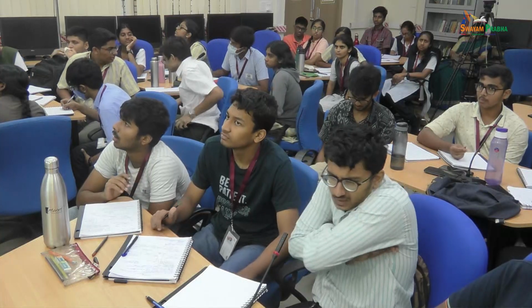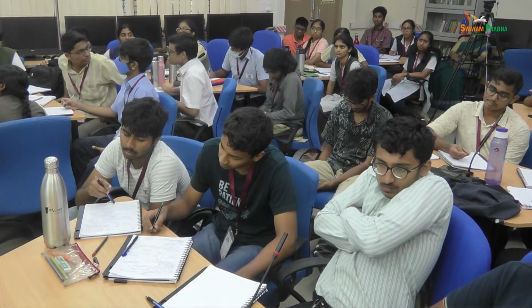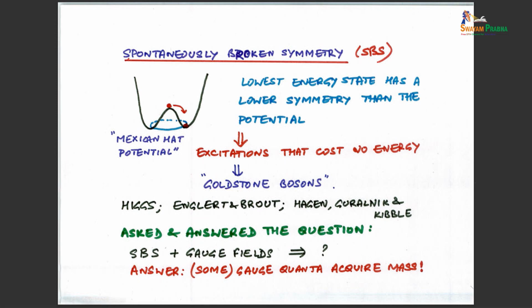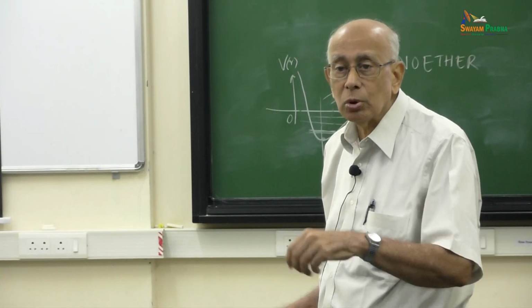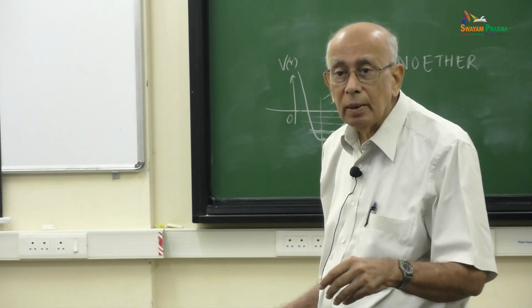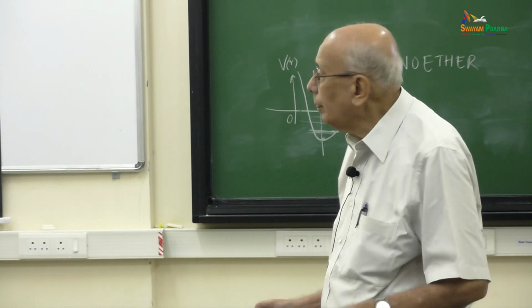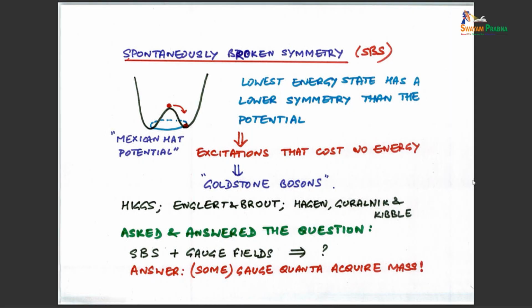The analogy I gave here was the following. Once you put the ball bearing in one point here in the minimum, in this rim, you have broken the circular symmetry of the system, because this state is not the same if you move it to some other point. If I rotate the bottle about its axis, does the potential change the shape?